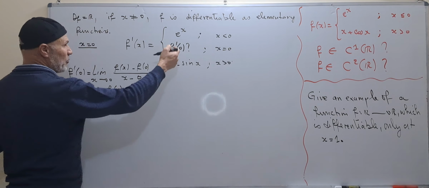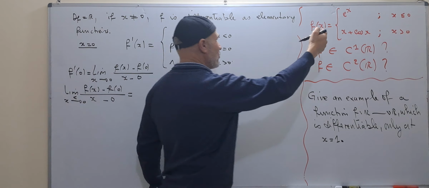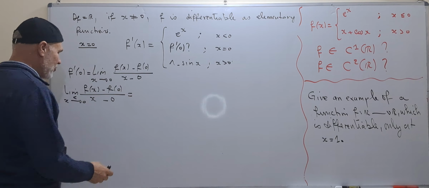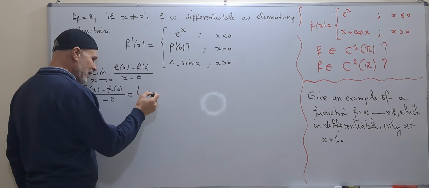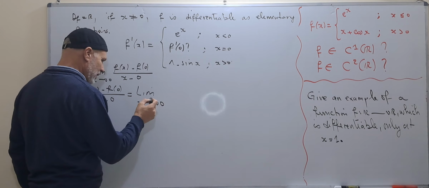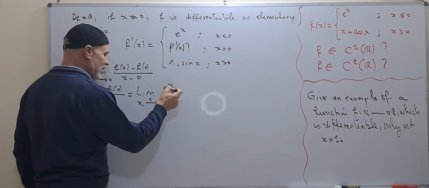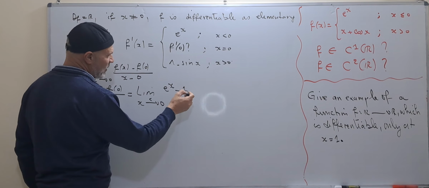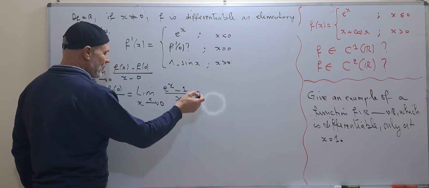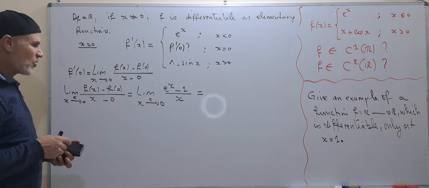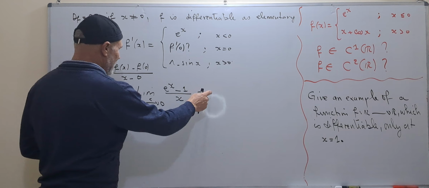From the left side, we will use this expression. This is equal to the limit when x goes to 0 from the left of exponential x minus f of 0, exponential 0, so 1, over x. We can use three methods here at least to find the limit.